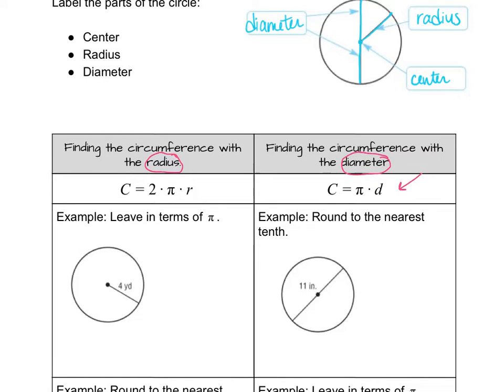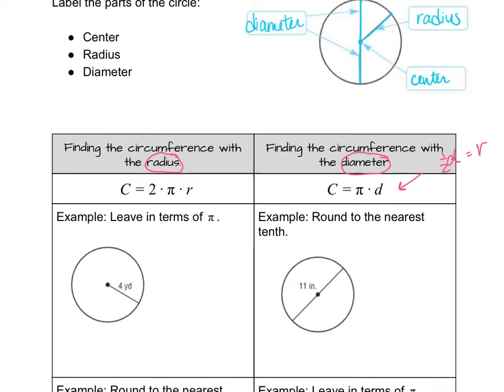You can use the idea that the radius is 1/2 the diameter to still get your answer. So it doesn't necessarily matter. As I was talking about this, I realized I didn't attach the reference sheet, so I just attached it, and you can use both of them.